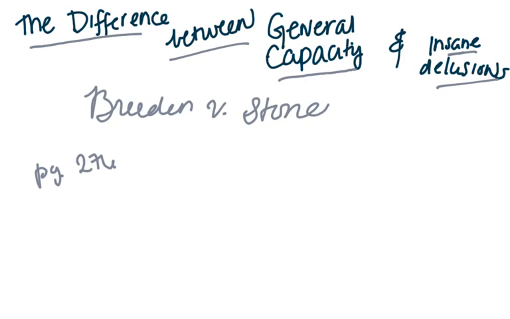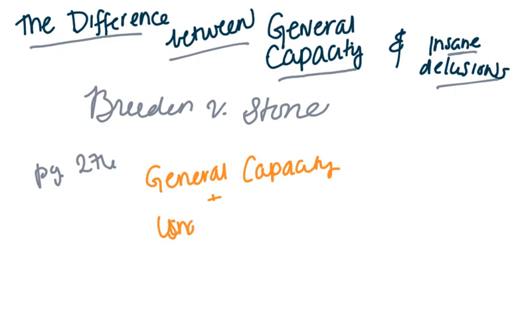Now remember, contestants can prove a lack of capacity by showing either that there is a lack of general testamentary capacity, right, so the general capacity, or by showing that the disposition was caused due to insane delusions.